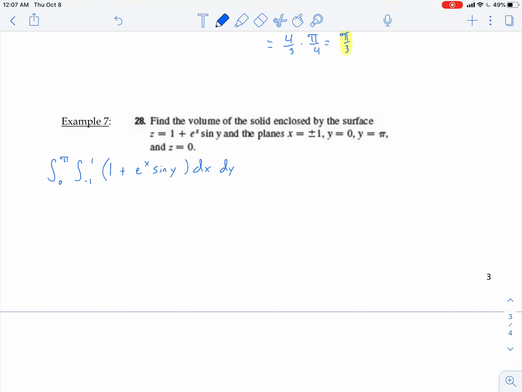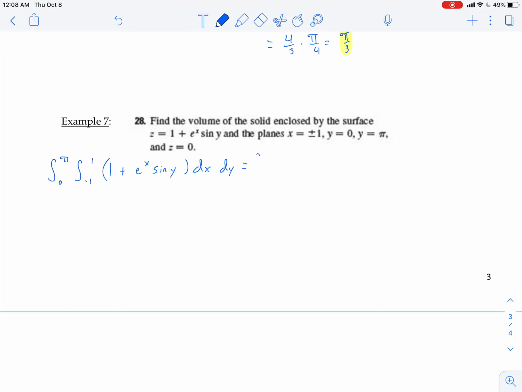And the only reason I did this is because I feel like it's going to be easier to do it with our x's and y's. You look at it and think, oh, it'd be easier to do y's. It's up to you. You can decide how you want to set this up.